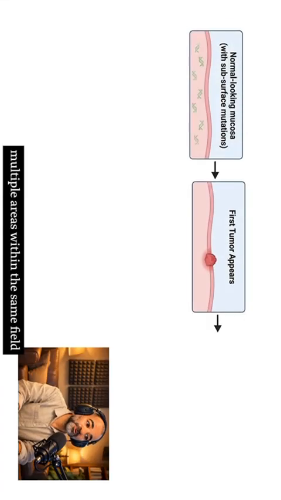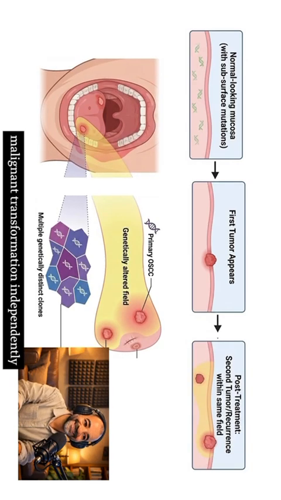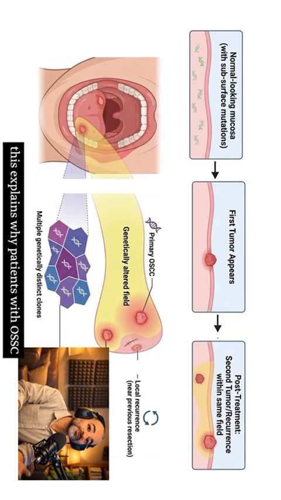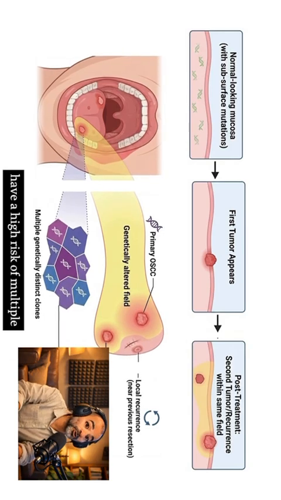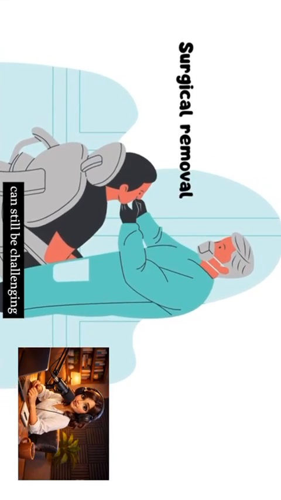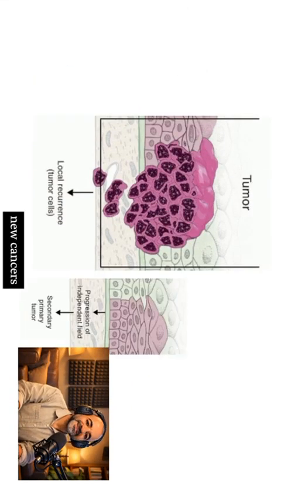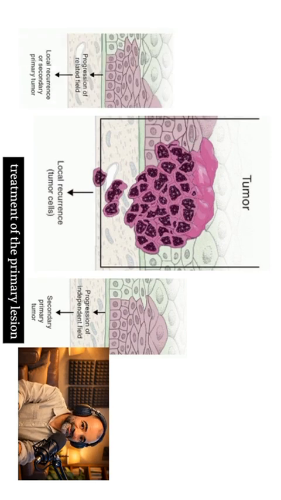Exactly. Multiple areas within the same field can undergo malignant transformation independently. This explains why patients with OSCC have a high risk of multiple primary tumors and local recurrences. That also explains why complete surgical removal can still be challenging. Yes, if the surrounding field remains genetically altered, new cancers can develop even after treatment of the primary lesion.